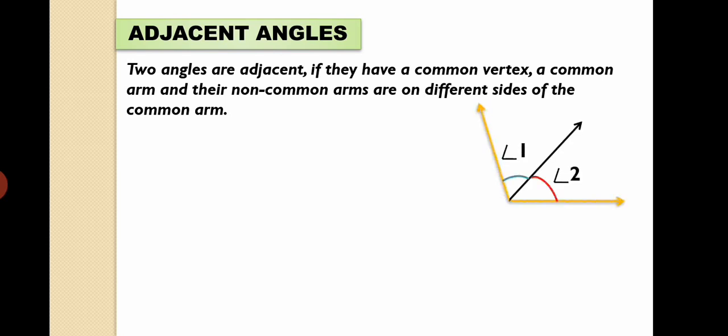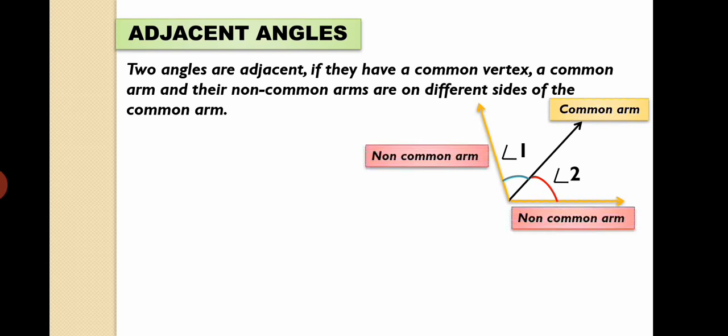In this diagram, you can see here, student, this black line is your common arm, and these two orange lines are showing non-common arms. And here angle 1 and angle 2 are adjacent angles because both the angles are on the opposite side of this common arm.